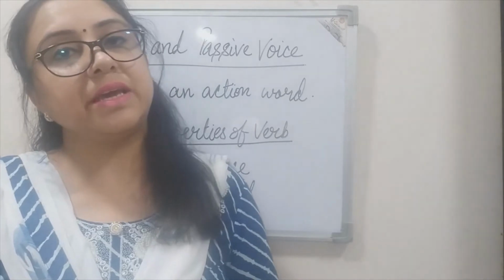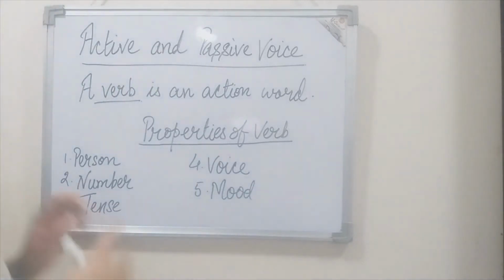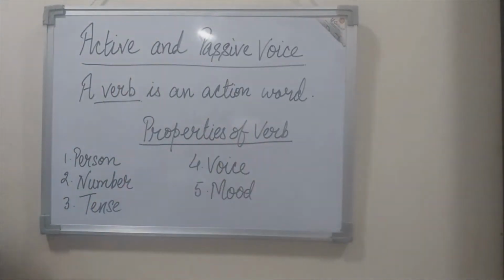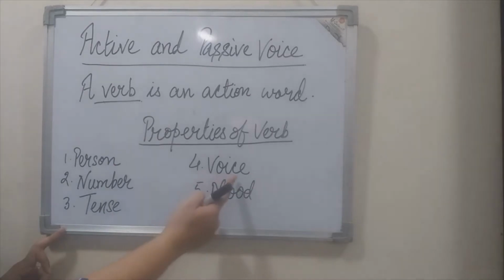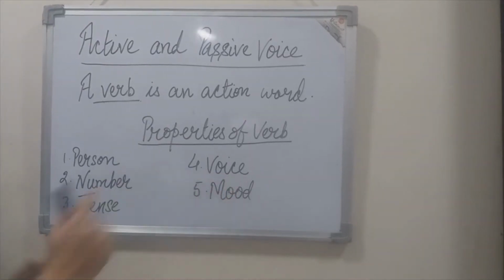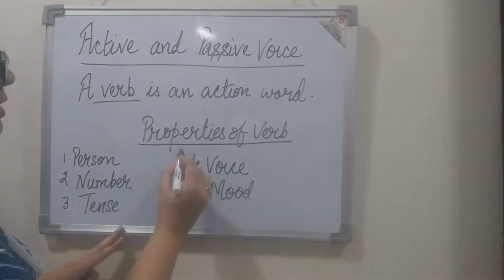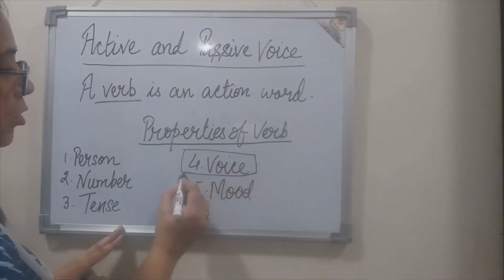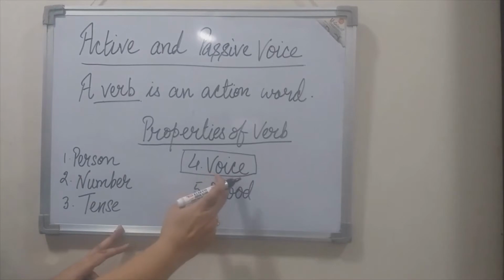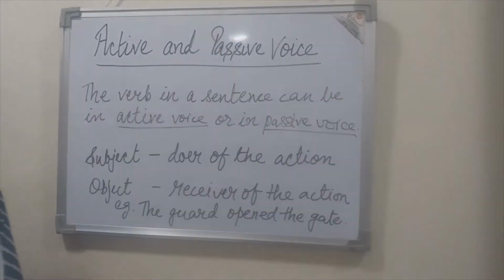Further, let us take a look at the different properties of verbs. So what are the different properties of verb? Person, number, tense, voice and mood. Today, we will be focusing on this property of verb, that is voice, right?